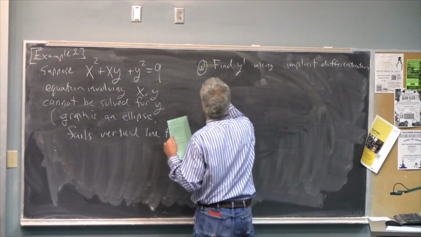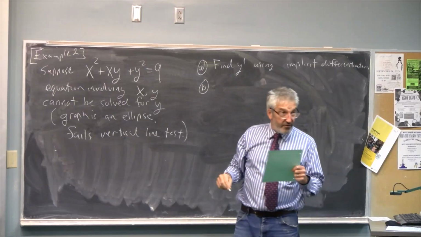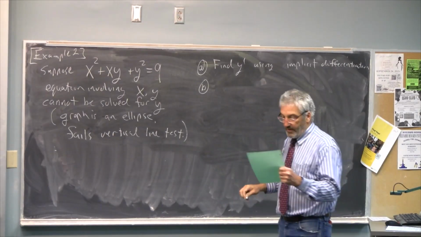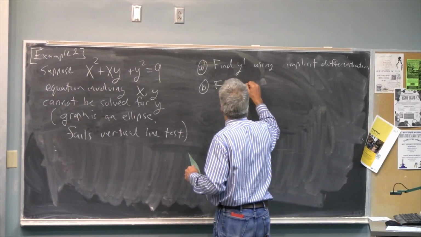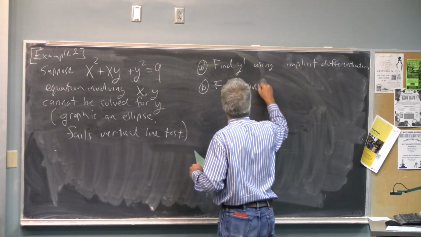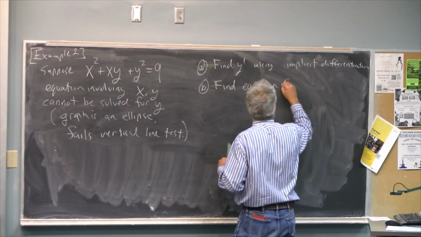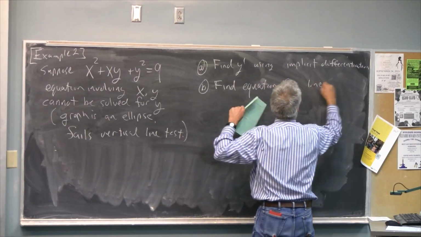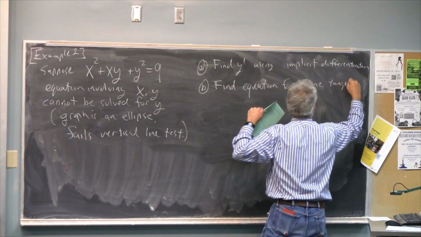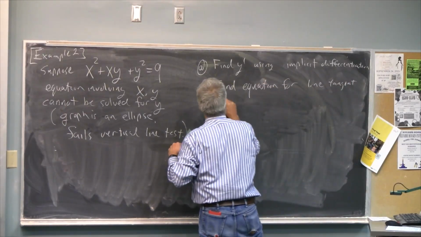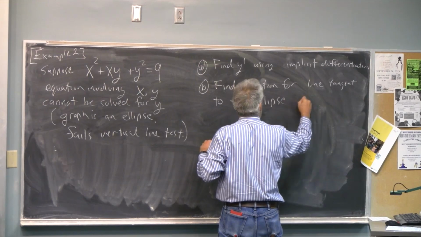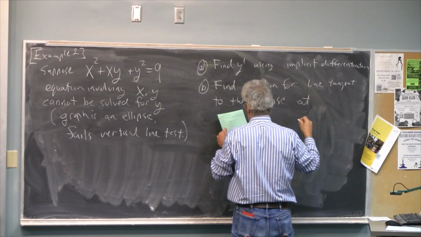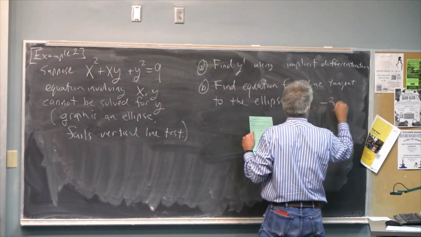And then B, find the equation for the line tangent to the ellipse at the point minus 3, 3.